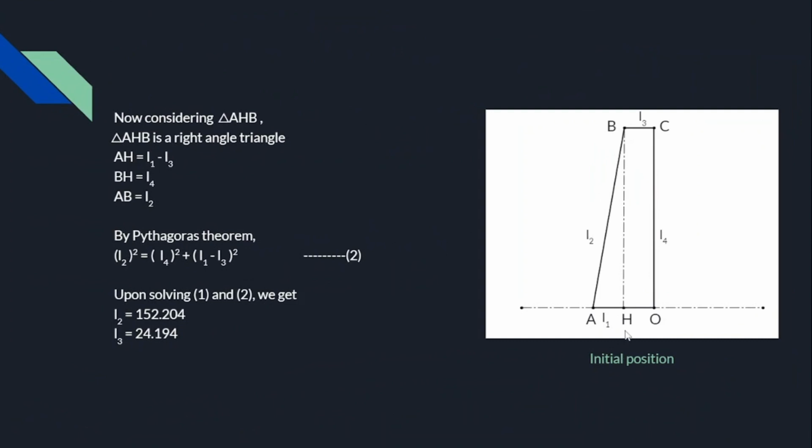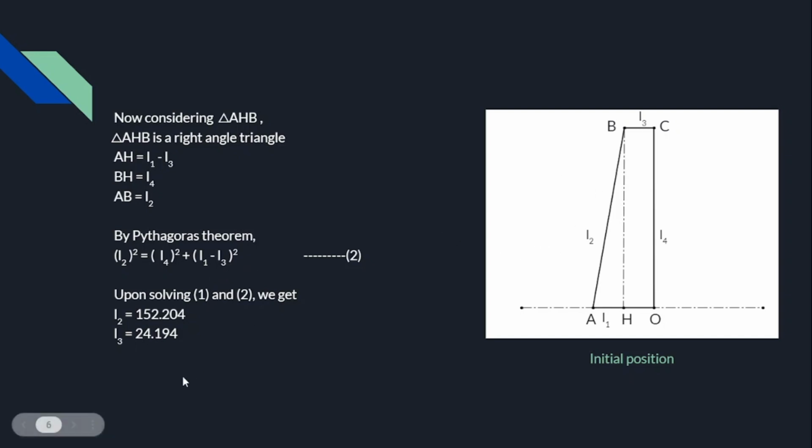Now let us consider an intermediate configuration for the further steps. In this configuration, you can see that BC is parallel to the ground and CO is perpendicular to the ground. And we are considering the triangle AHB here. For that, the side AH is L3 minus L1, the side BH is L4, and AB is L2, and we'll be applying Pythagoras theorem, as you can see here, from which we can obtain an equation involving L2 and L3.